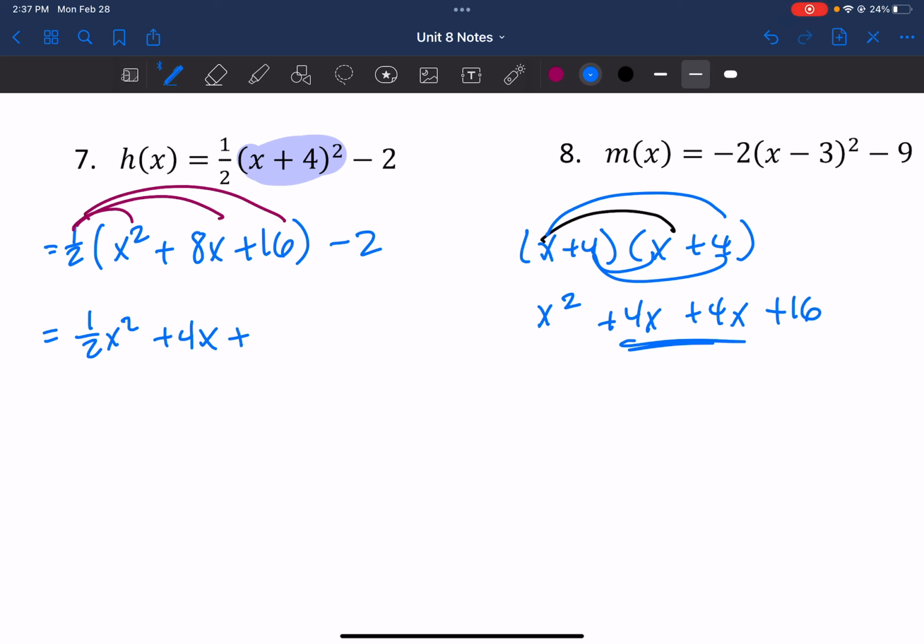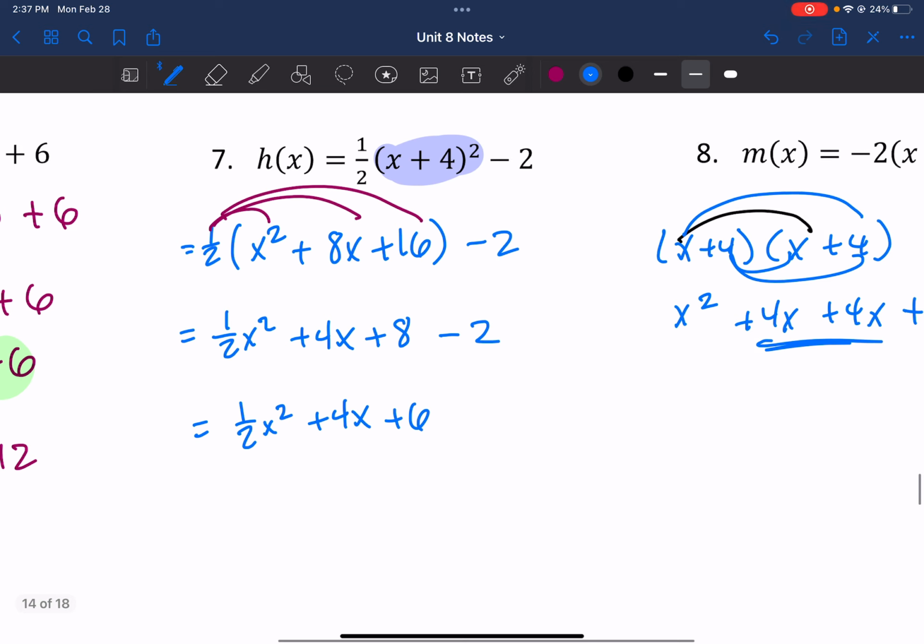Half of 16 is 8, minus 2. I can drop the parentheses, right? Because that's the whole reason why I distribute the 1/2. And then I combine like terms and I'm done. So I have 1/2 x squared plus 4x, and 8 minus 2 is a positive 6. And then you have your standard form.